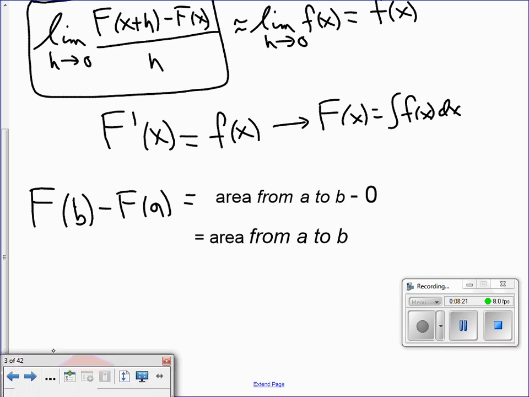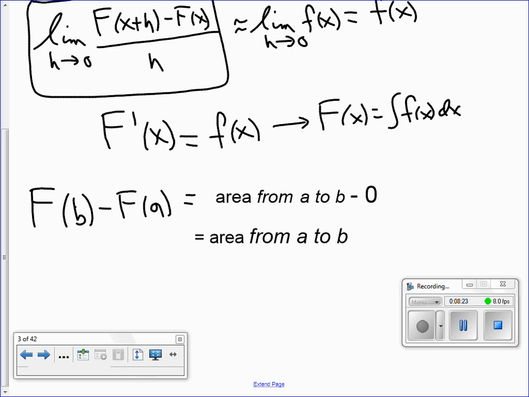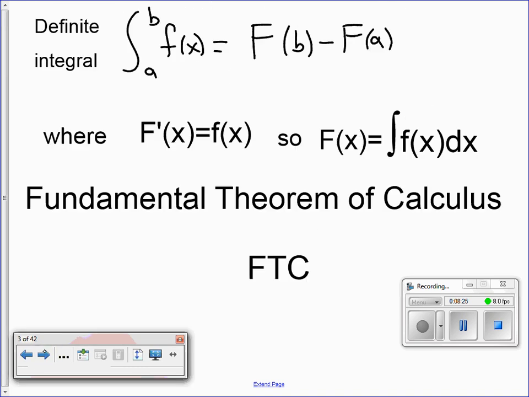I know it's kind of a lot, you might want to look at it later, but it's neat. So with the conclusion of this, it relates a function to the antiderivative. It's saying the derivative of the antiderivative is the function, and the antiderivative of the function is the accumulation function. And this is known as the Fundamental Theorem of Calculus.